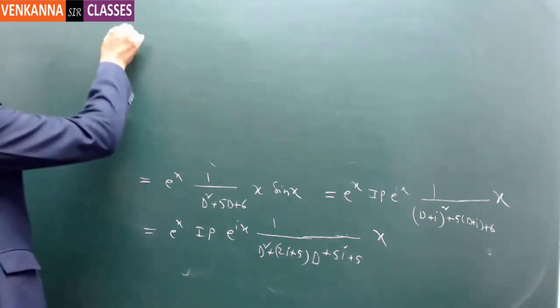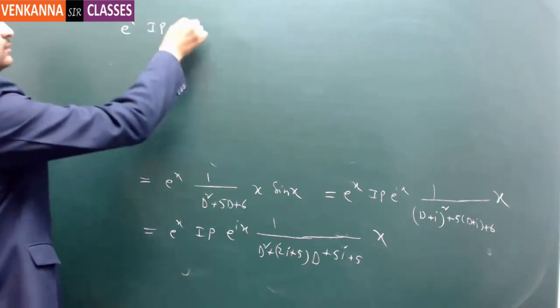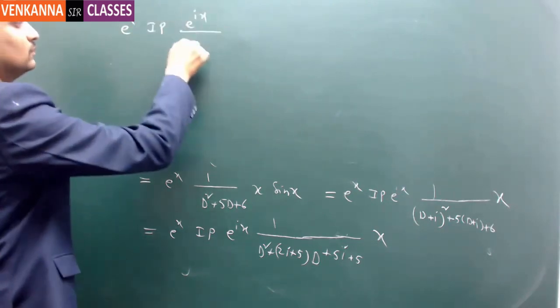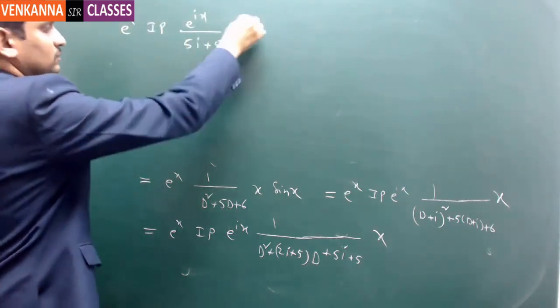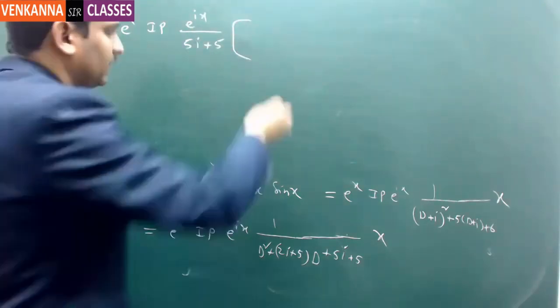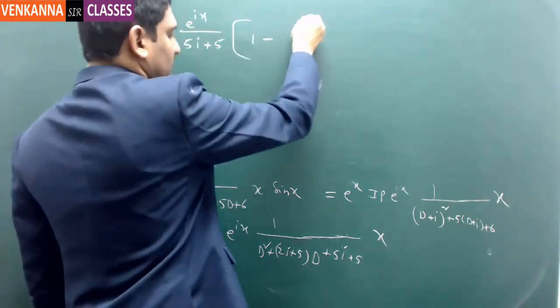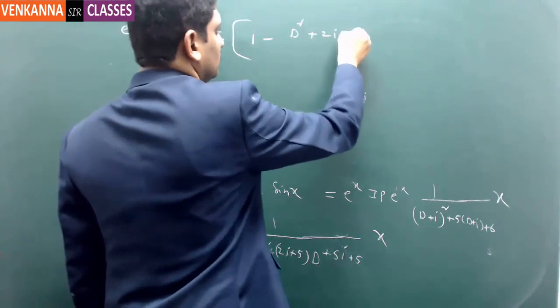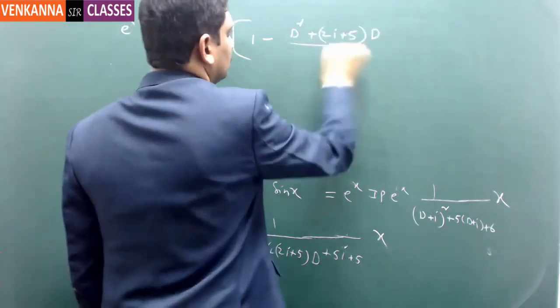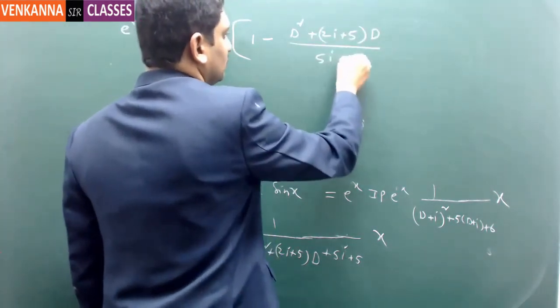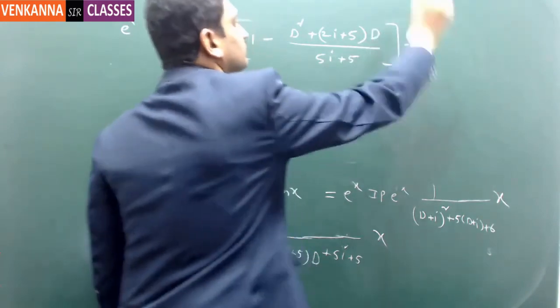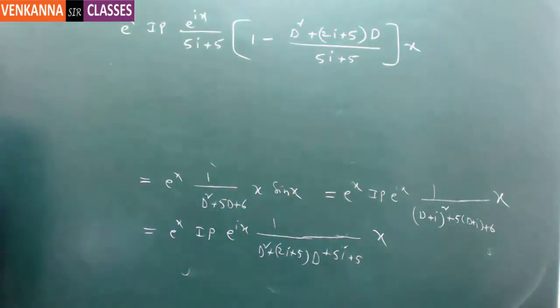So if you want to simplify, it will come like this. However, you know the thing, 1 minus, this thing will come. So now the simplification takes a little bit. Accepted all?